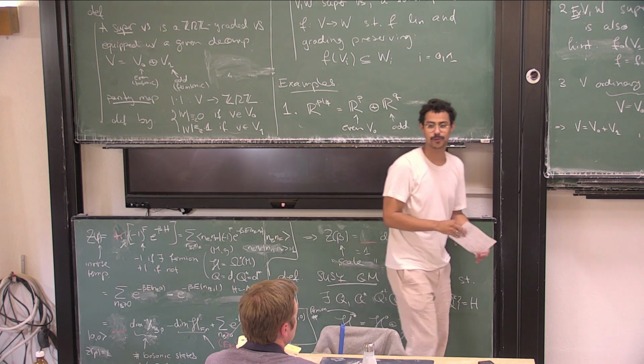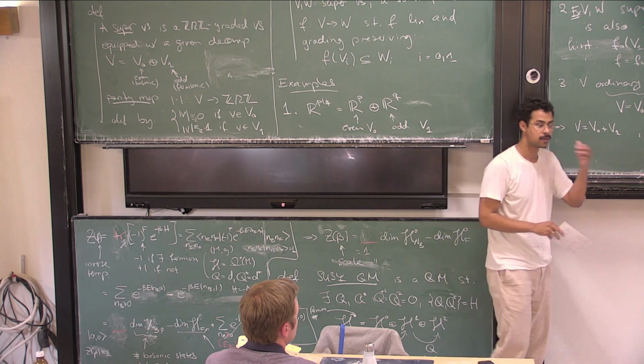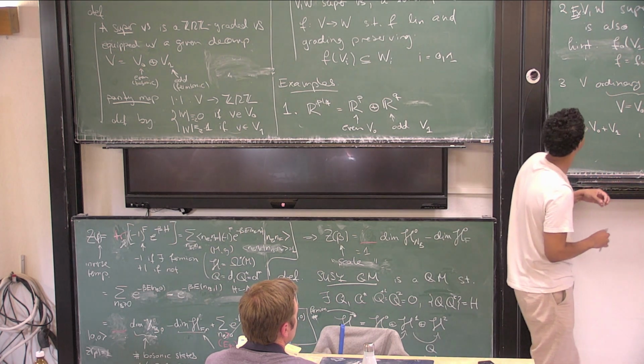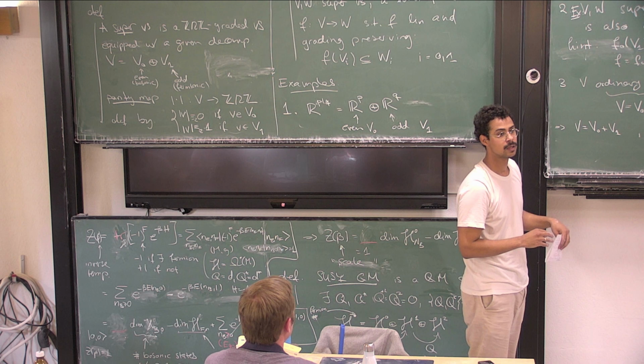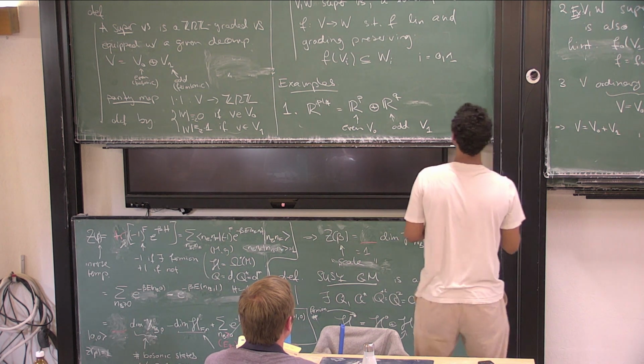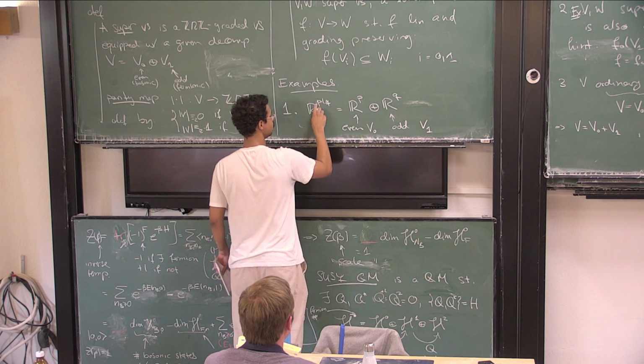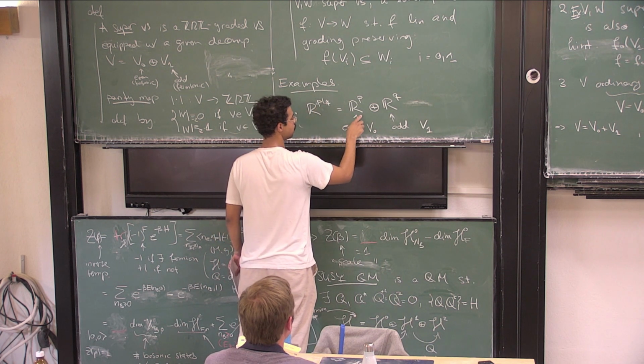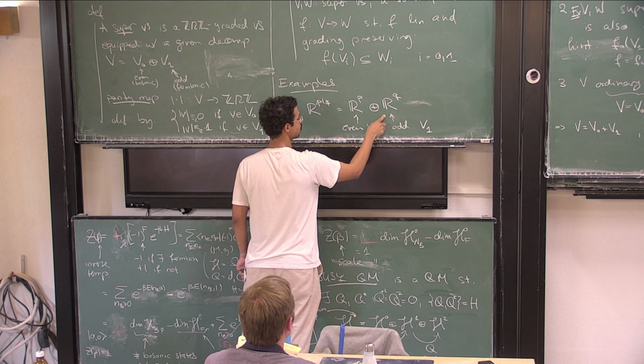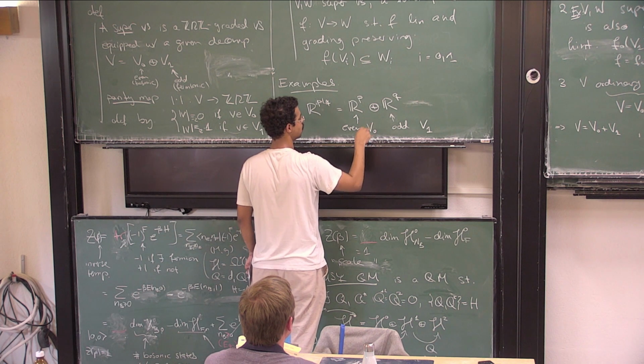I think I'm losing people, so. In your first example, your R^{p|q} is secretly R^{q|p}.